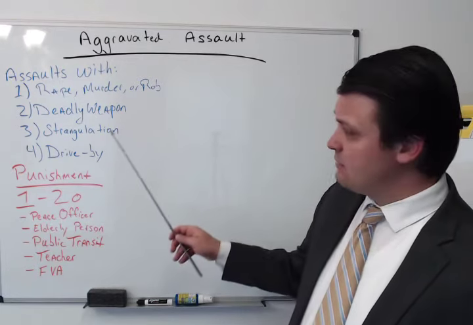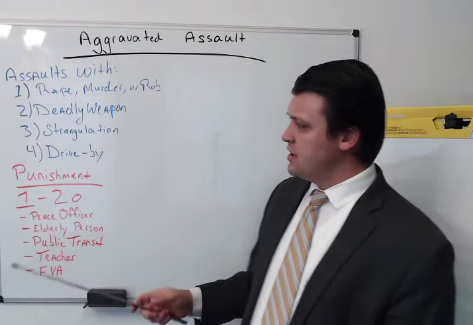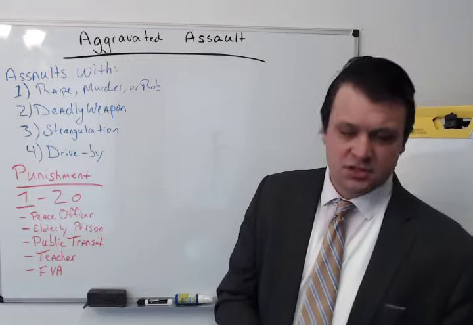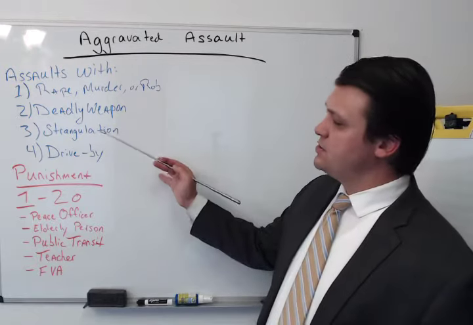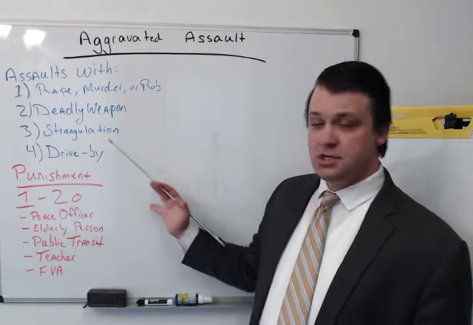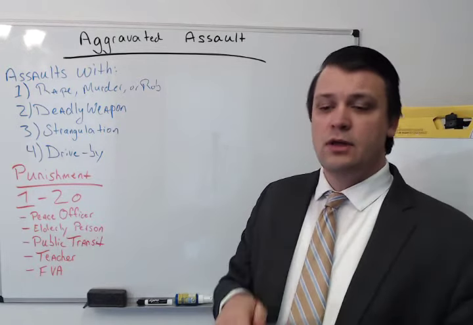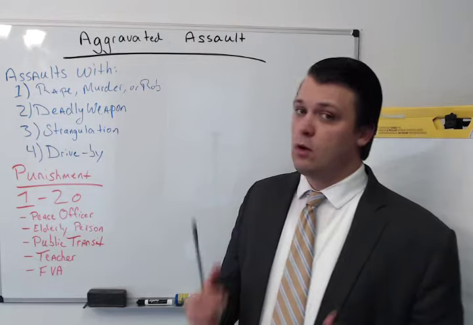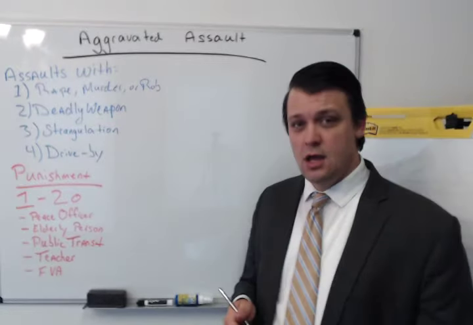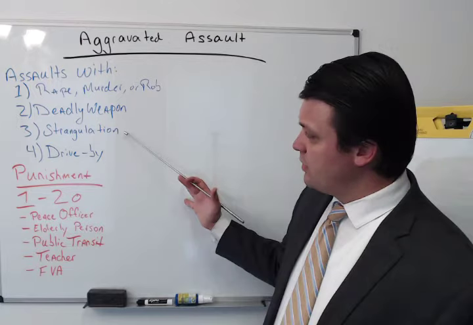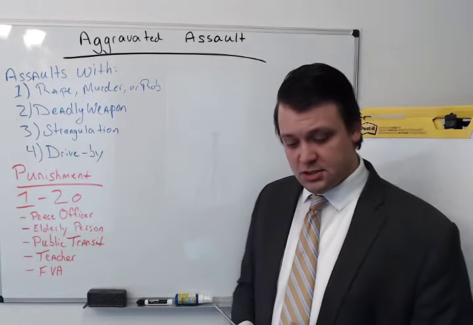Kind of along the same lines, if something is used that can cause strangulation or that is likely to result in strangulation, then it can be charged as aggravated assault with a strangulation component. Typically we see that in a choking scenario, whether it be with a rope or something, or with someone's hands is what we see most common. And of course, it's terrible, but that is one of the ways that they charge aggravated assault.